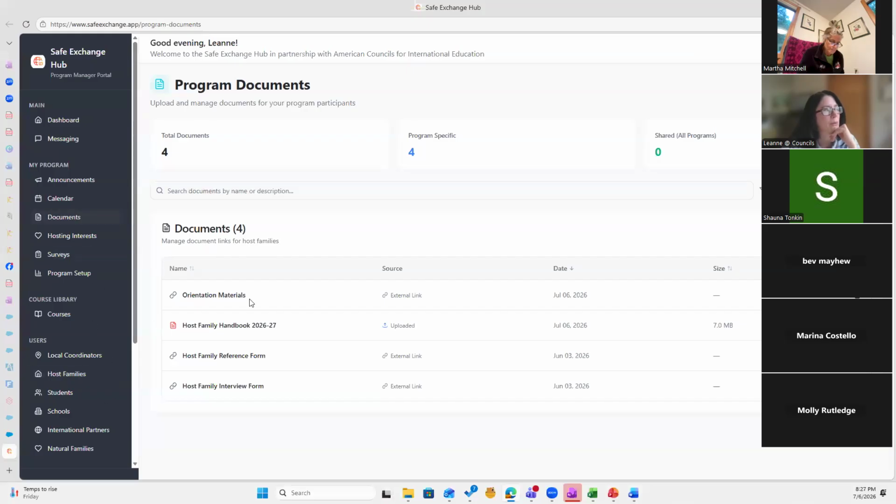A while ago, what I had linked was this, and you can go straight to the orientation material here. We don't have the student arrival orientation loaded up yet. We just loaded these up today. We're in the process of loading everything, so you can't see it here yet, but you will.